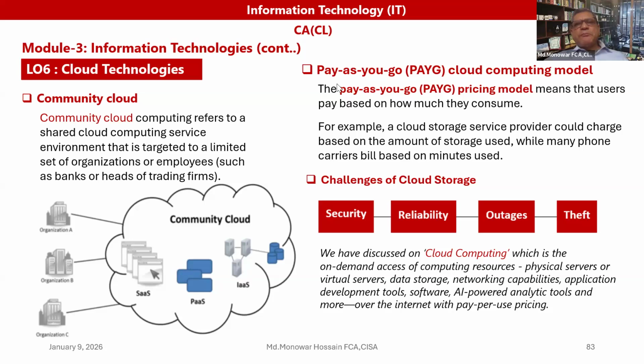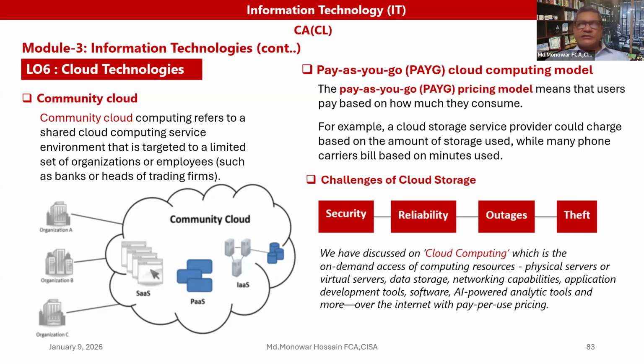Now we have seen the pay-as-you-go cloud computing model. What is this? The pay-as-you-go pricing model means that users pay based on how much they consume. In the same way, if we use our mobile data without a pre-purchase, that is a pay-as-you-go model.